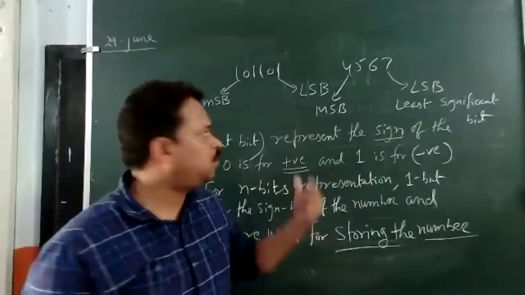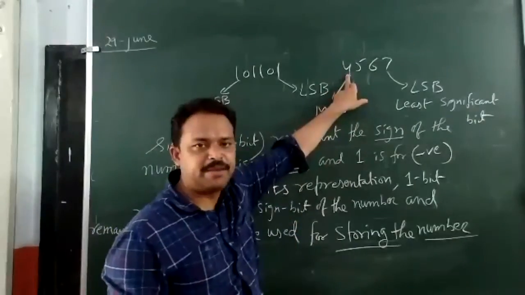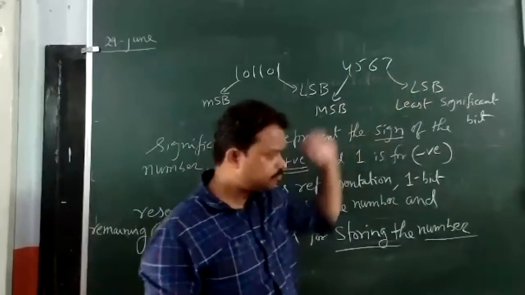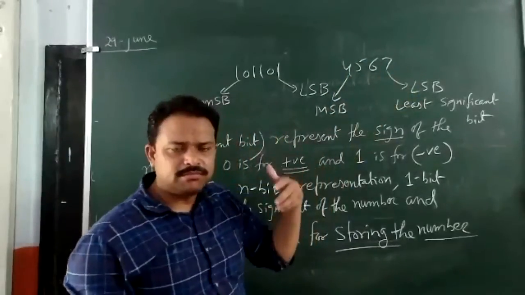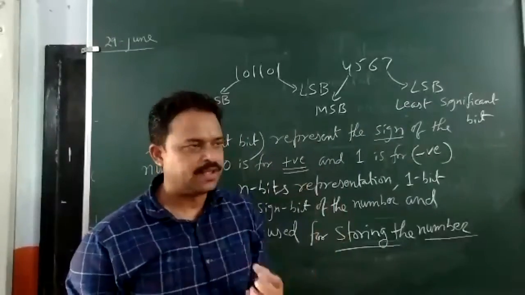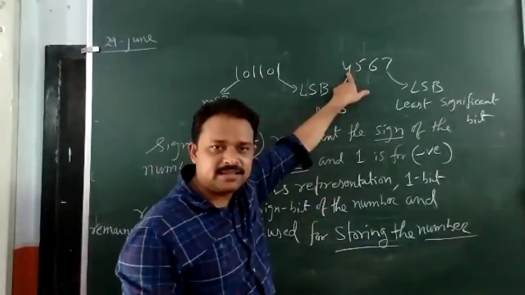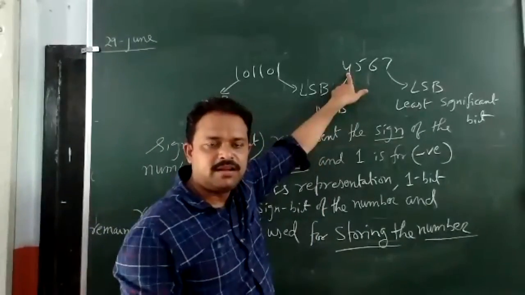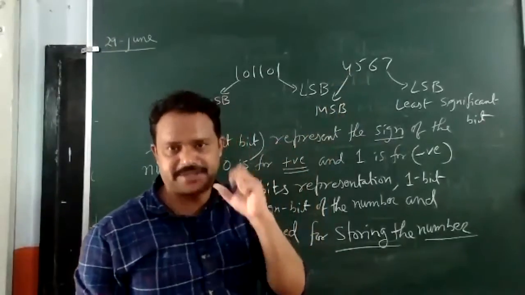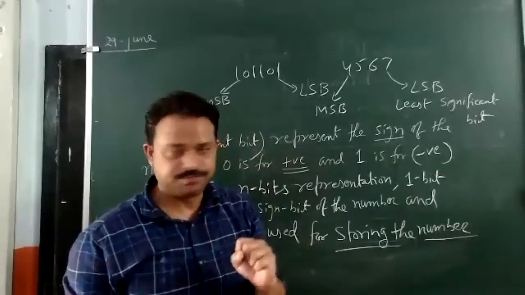The question comes, sir, you have told us this is the most significant bit and this is the least significant bit. Why do we say MSB? What is the actual meaning? We say most significant bit because it has maximum weight, or maximum place value.